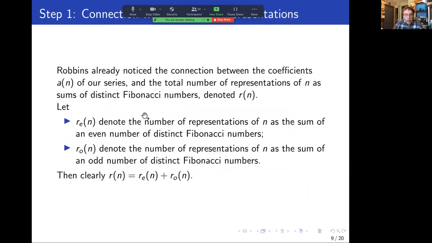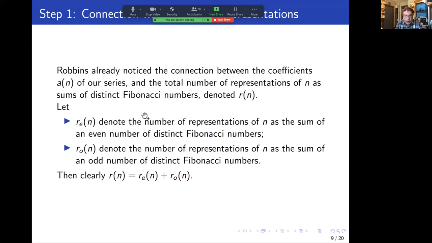Okay, so now Robbins already noticed back in his original paper the connection between the coefficients A of n and the total number of representations of n as a sum of distinct Fibonacci numbers, and he called this R of n. So for each n we can say, okay, how many different ways can we get n as the sum of distinct Fibonacci numbers, where order doesn't matter.